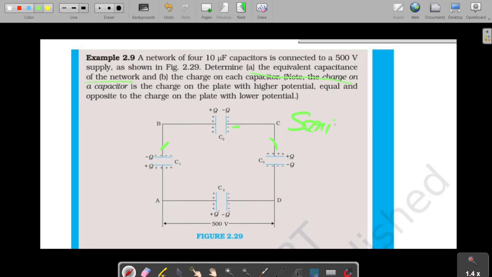In series, the components must be placed one after another. So first we will calculate the equivalent capacitance of C1, C2 and C3. Now we will proceed further.